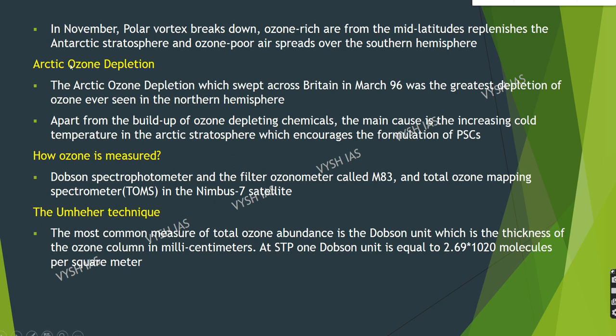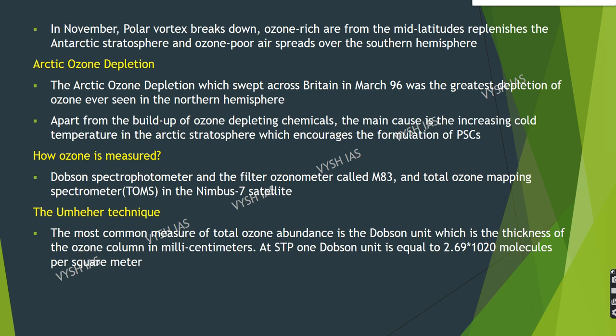Arctic ozone depletion. Ozone depletion has been evident over the Arctic as well. Arctic ozone depletion, which swept across Britain in March 1996, was the greatest depletion of ozone ever seen in the northern hemisphere. The dramatic cooling of the upper atmosphere in the northern latitudes is the cause of the Arctic ozone depletion.